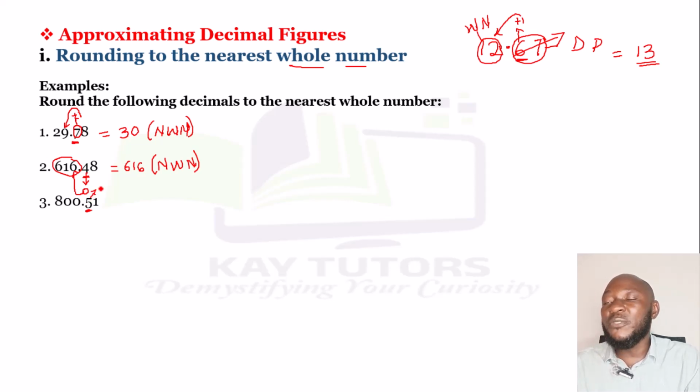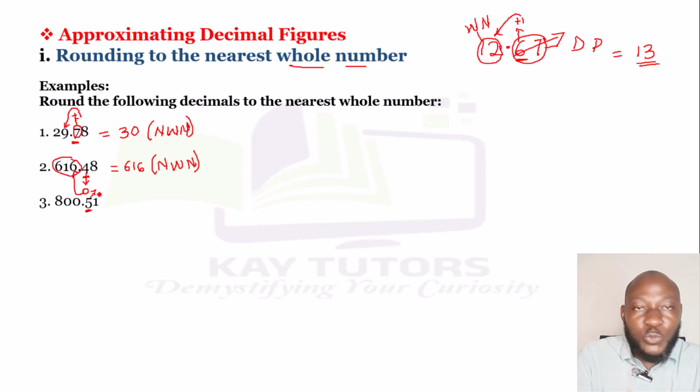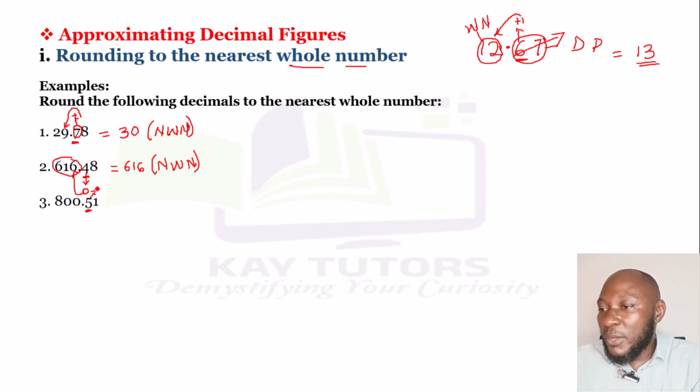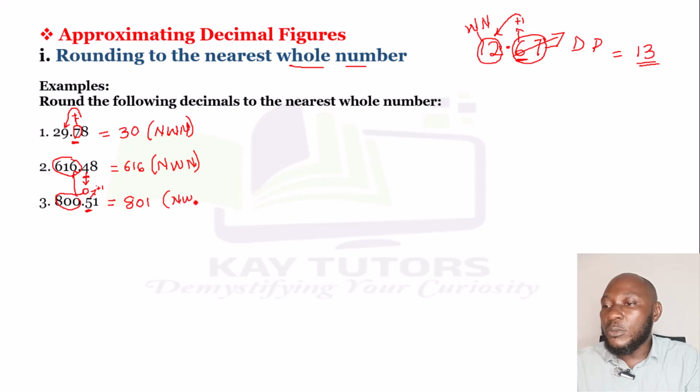And since 5 is 5, of course, you round up to 1, right? So this will be plus 1. And this 1 that you have rounded up to, you are adding it to 800 here. And what will be your answer? 801 to the nearest whole number.